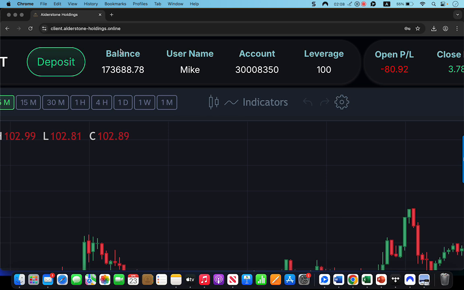So for example, if you made a deposit and then you made a withdrawal, you're going to see that on the balance, plus and then minus. And if you open a trade but you closed it, so either you made money on it or you lost money, that's also going to affect the balance.